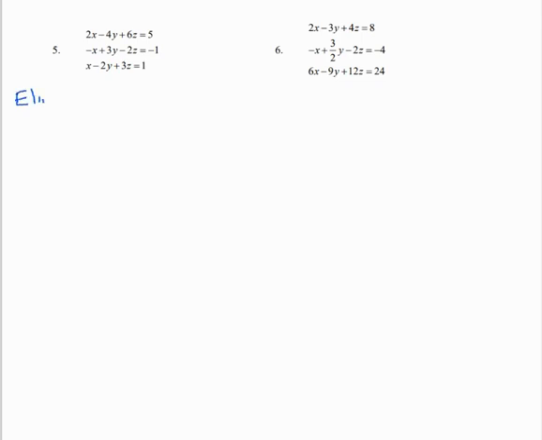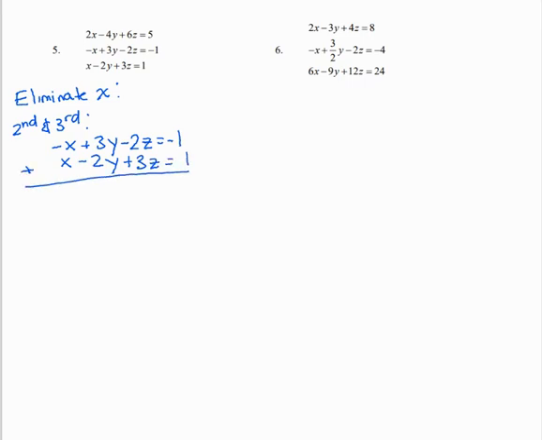So I'm going to start by eliminating the x. So I'm going to group second and third equation because I already see we have a pair of opposites. So negative x plus 3y minus 2z equals negative 1, and x minus 2y plus 3z equals 1.